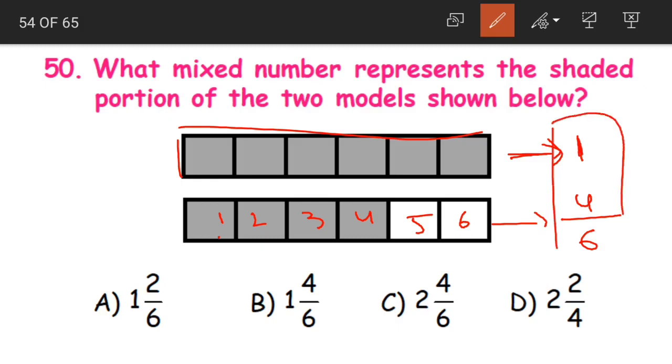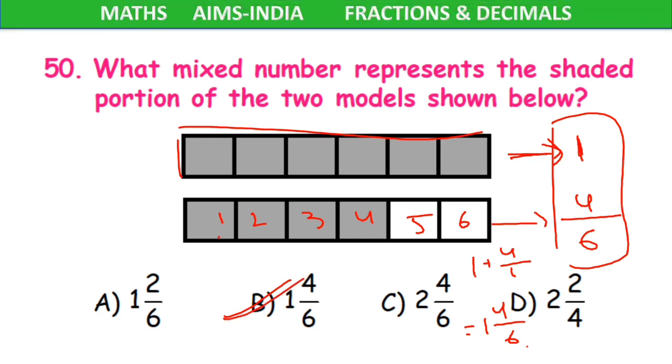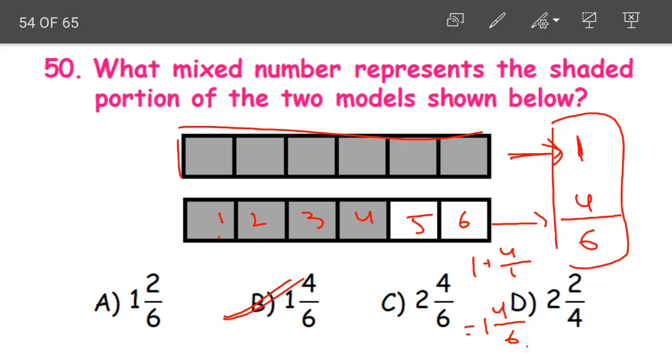Now combinedly, how do we show them, children? When we combine them together, it will be nothing but 1 4 by 6. That is option B. Understood? You might have done problems like abacus problems, where you used to have ones, tens and hundreds, and a number of balls on each rod.